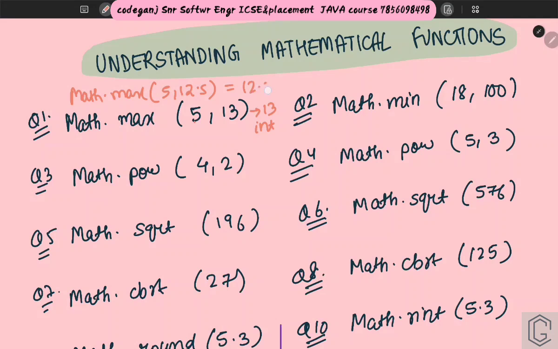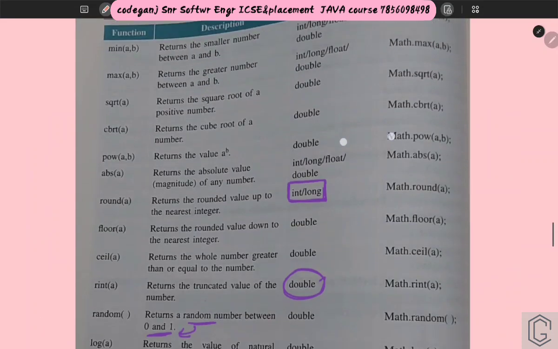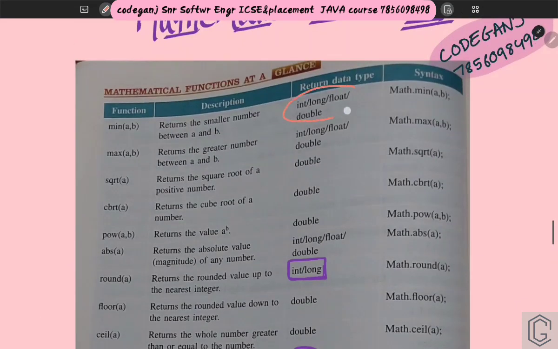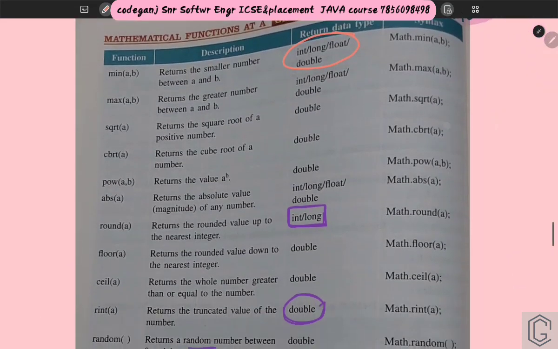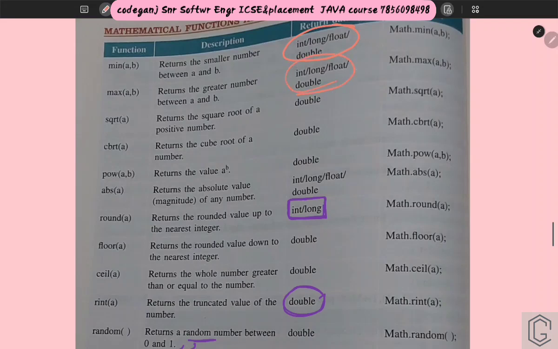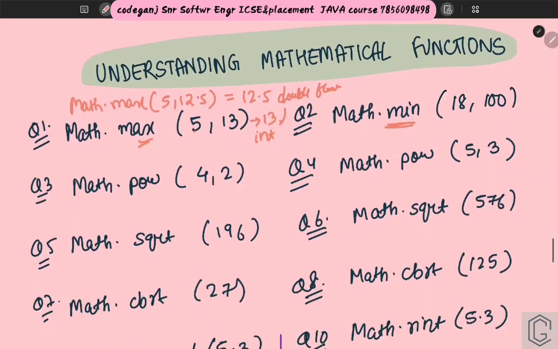This time 12.5 will be the answer, and this is your double. So it can be mixed, this is your float or whatever. It depends on what the input is. For Math.min and Math.max, there is a concept of dependency. It can be anything depending on the data type of what is inside.